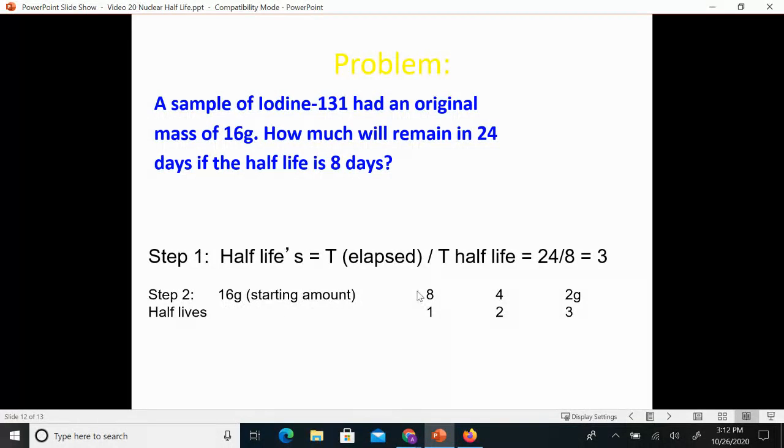So at 1 half-life, I'll have 8 grams left. Okay, but I don't have 1 half-life. I said I had 3 up here. So my second half-life, now I take half of that. So now I have 4. And then finally, I hit the third half-life, and I have to take half of 4. So I would have 2 grams. If my answer was 4 half-lives up here, I would keep going, and I would have 1 gram. But in this case, the answer to our question, how much is going to be left, will be 2 grams.